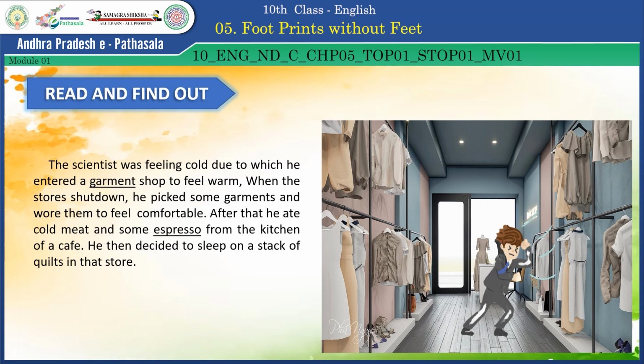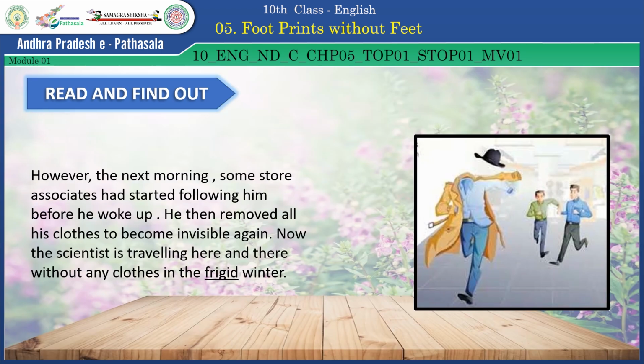He then decided to sleep on a stack of quilts in that store. However, the next morning, some store associates had started following him before he woke up. He then removed all his clothes to become invisible again. Now the scientist is traveling here and there without any clothes in the frigid winter.